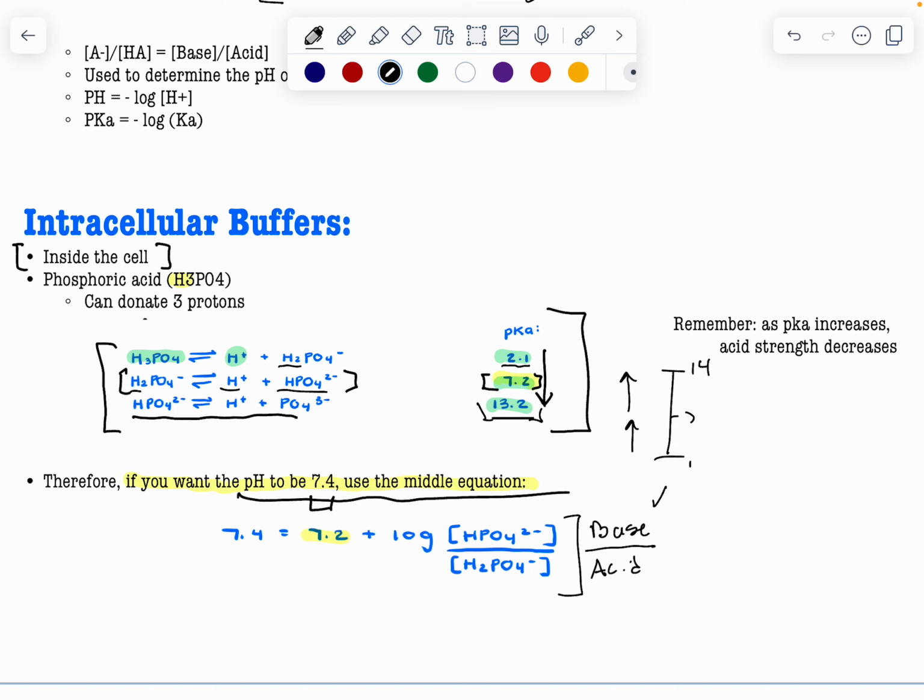And we can modify both of these variables to change the overall pH of our solution, but this 7.2 right here is representing our starting pH for this buffer. So our starting pH for this buffer is at 7.2.